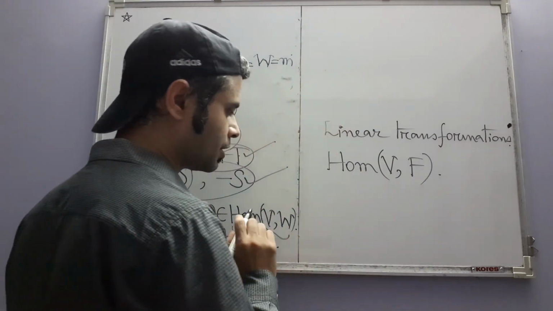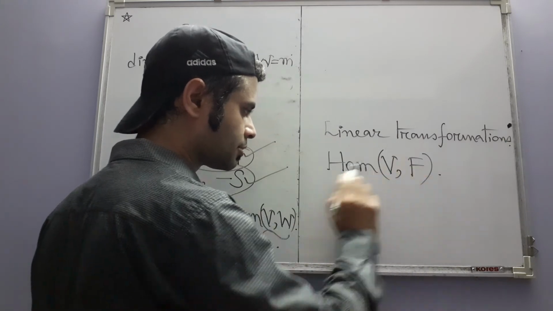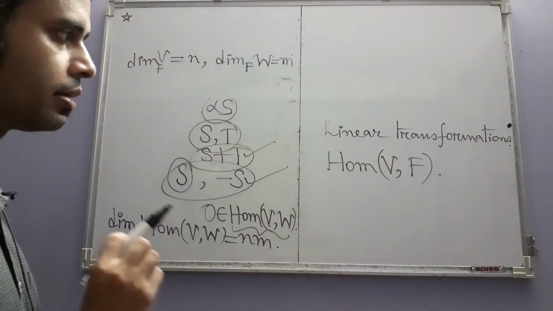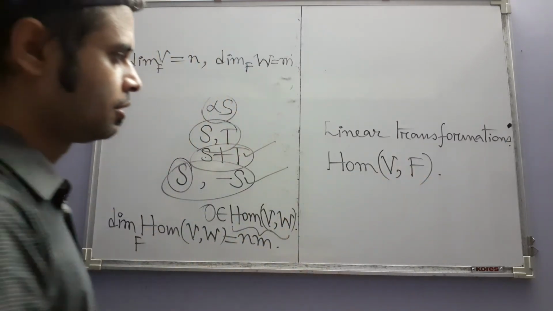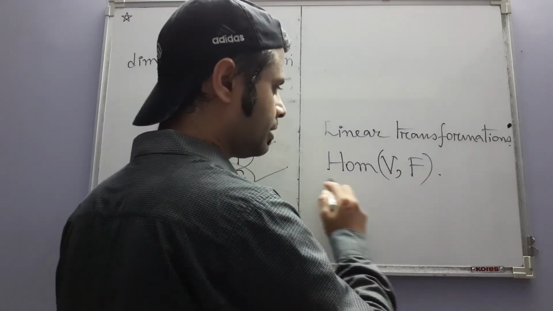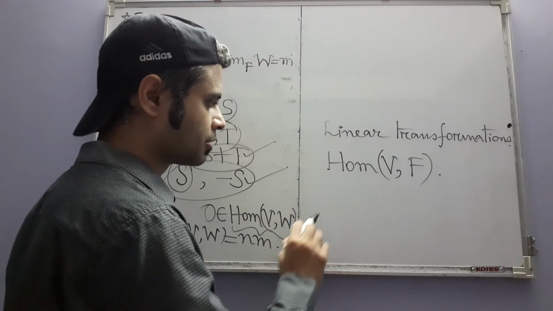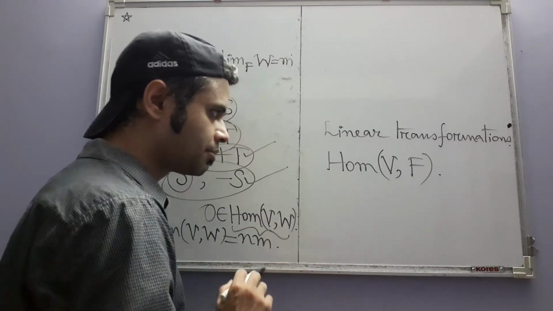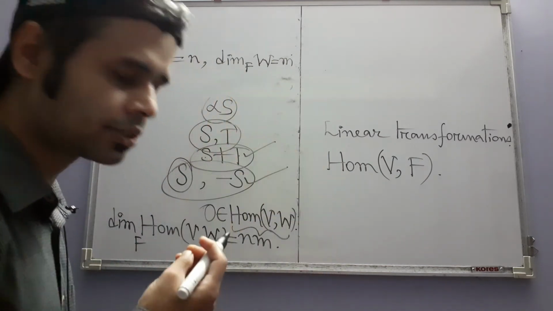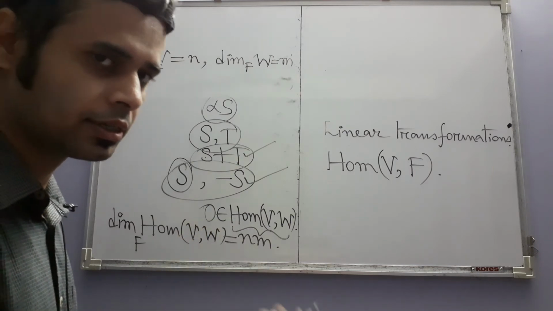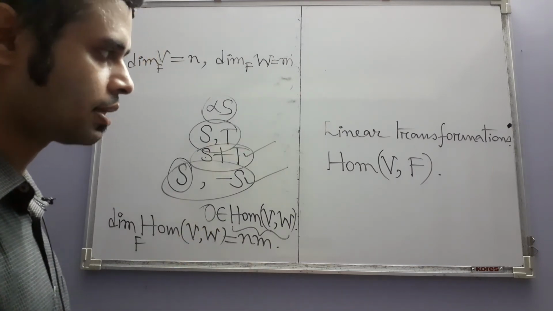So in place of W, you can in fact consider the field of scalars F itself. Here also we get a space of homomorphisms or linear transformations, and these linear transformations take one vector as input and give you a scalar as output.